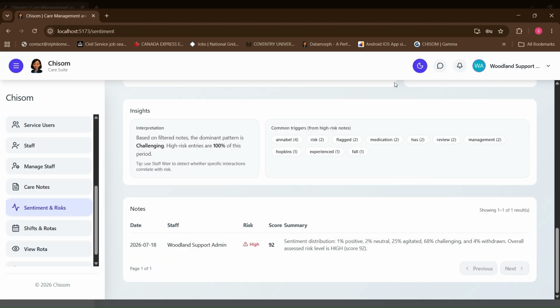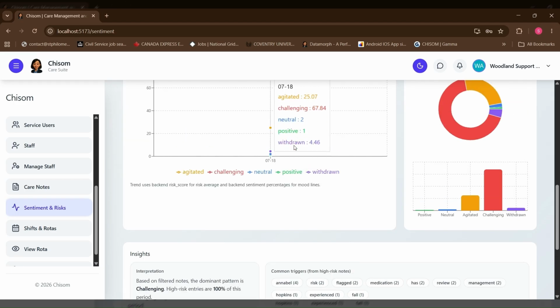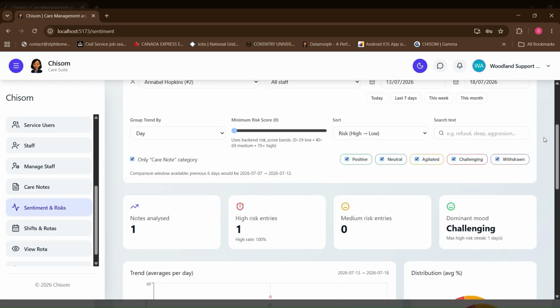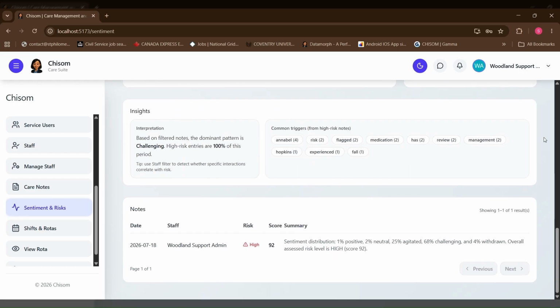The good thing behind that is that you don't just take any figure that the AI gives to you, even if the AI figures are actually reasonable and based on the content of the keynotes for the context of a care environment.